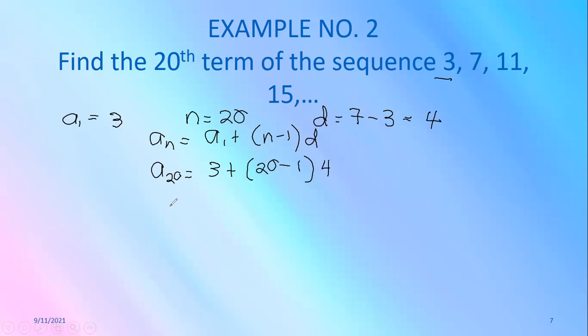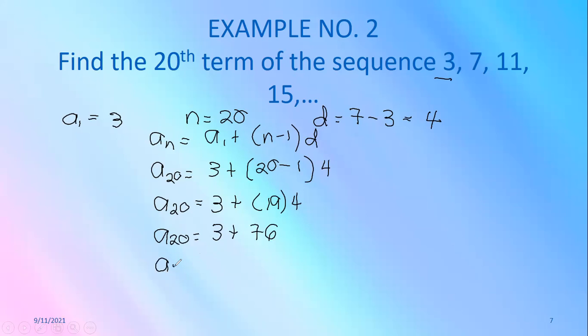So first things first, we need to simplify the terms inside the parentheses. So this will become 3 plus, so 20 minus 1, that will be 19, multiplied by 4. Okay, so this is 3 plus 19 times 4, that's equal to 76.